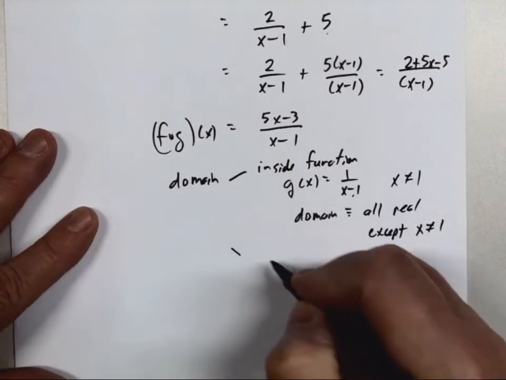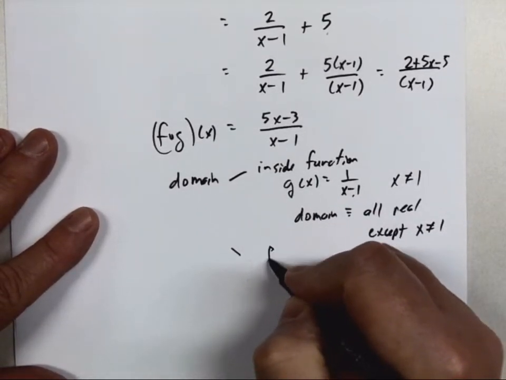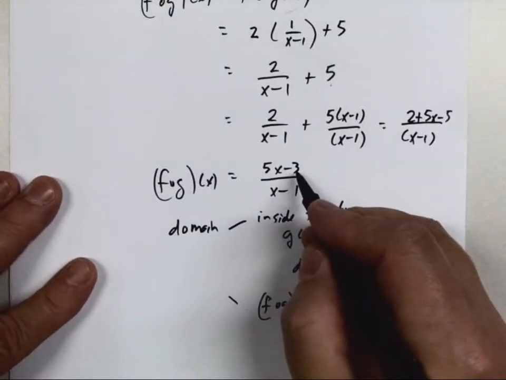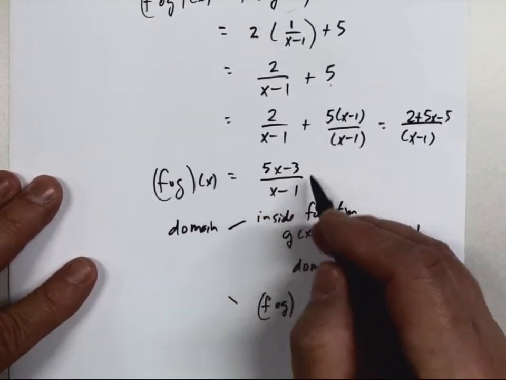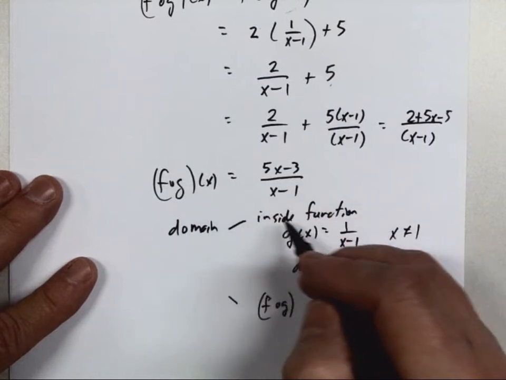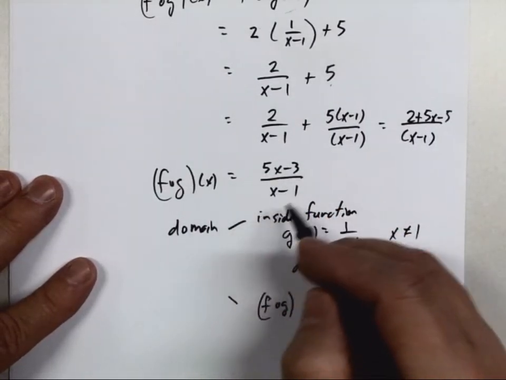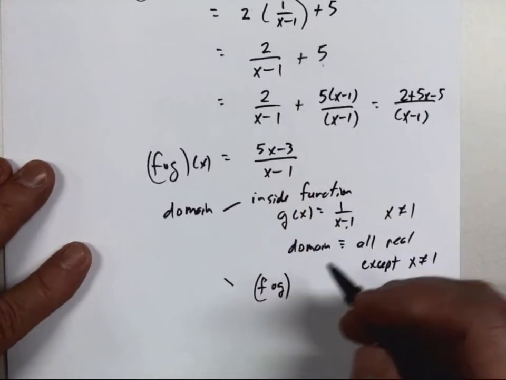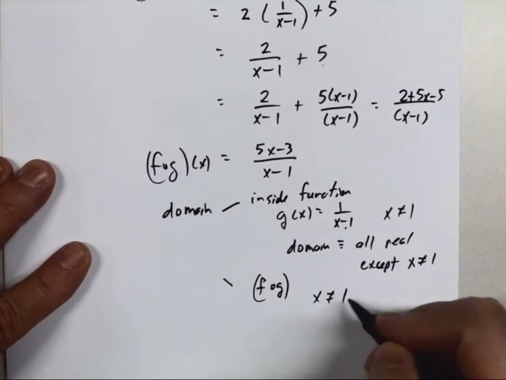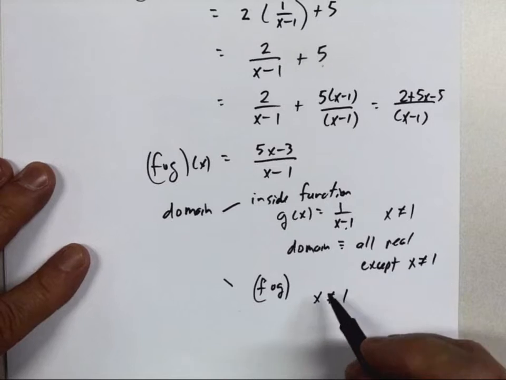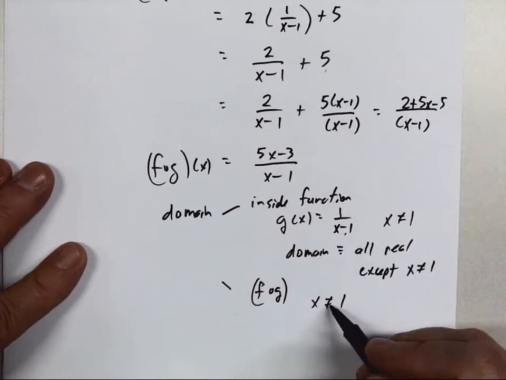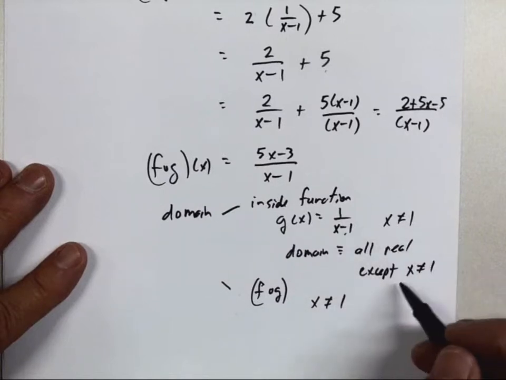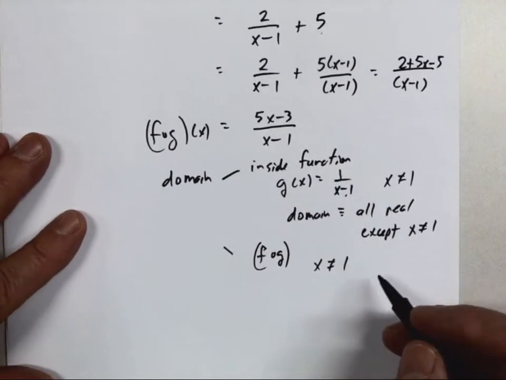Now, if I look at the composite function, it's right here, and ask myself, what's the domain of the composite function? Well, once again, my main concern is I have a variable in the denominator, and once again, x cannot equal 1. Turns out it looks like the domain of the composite is going to be the same as the domain of the inside function.